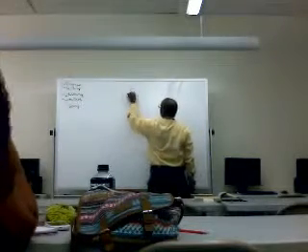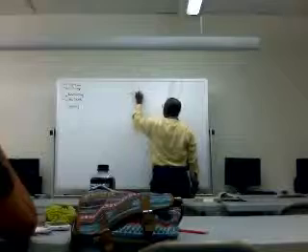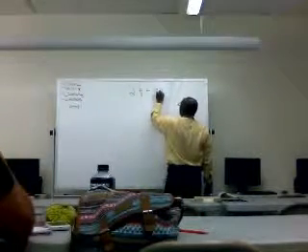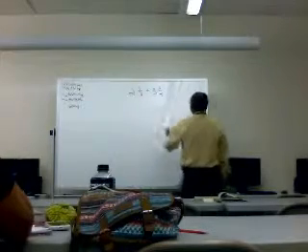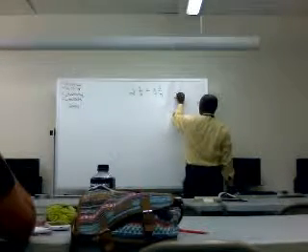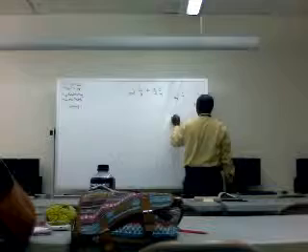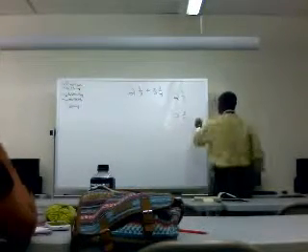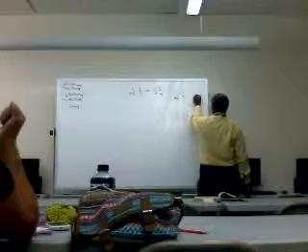So if I had 2 1/3 plus 3 1/4, I can add them. The only thing I have to convert are the fractions. The whole numbers stay the same.